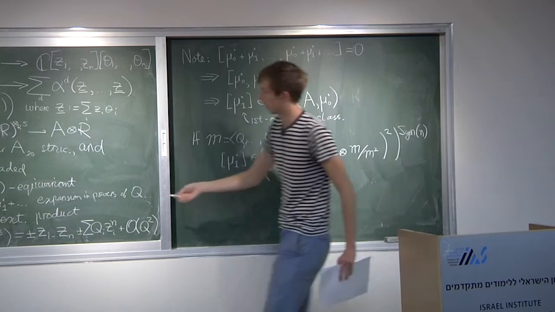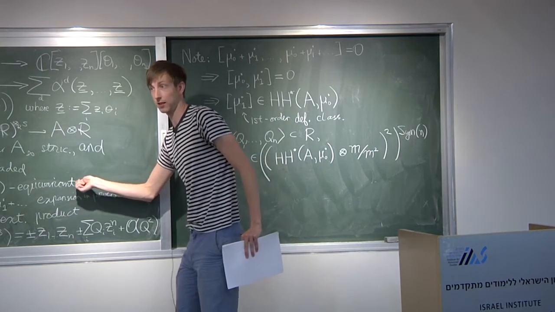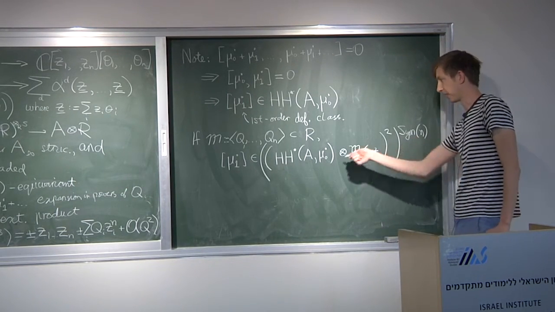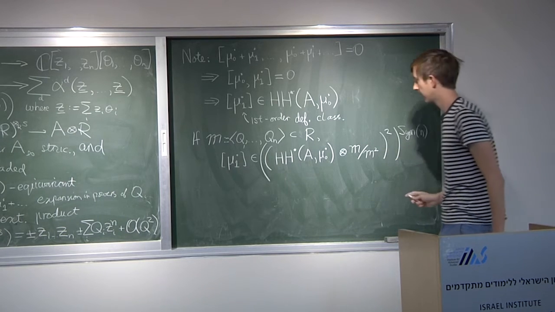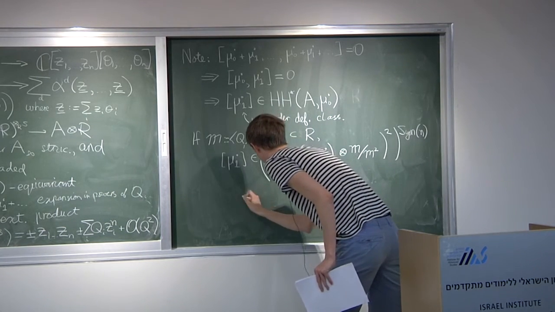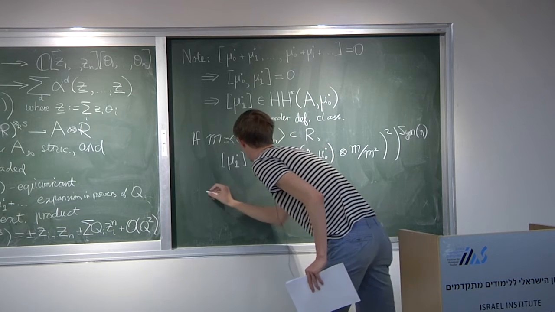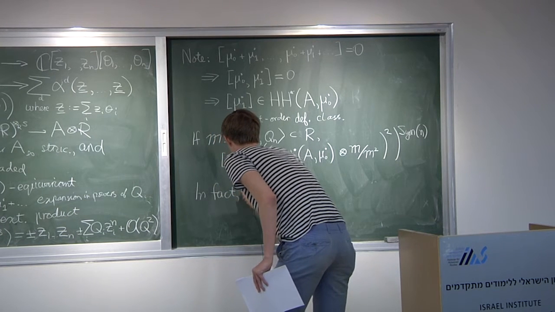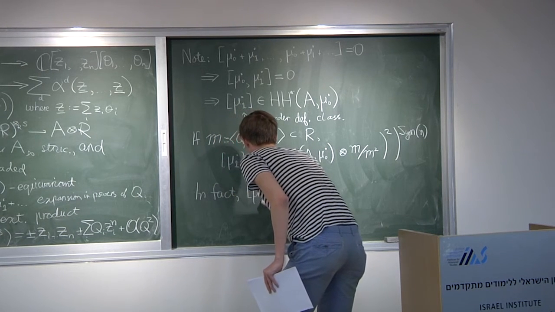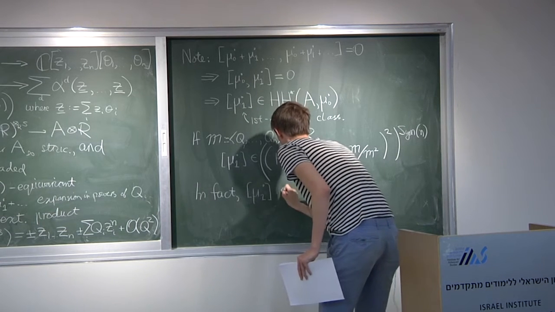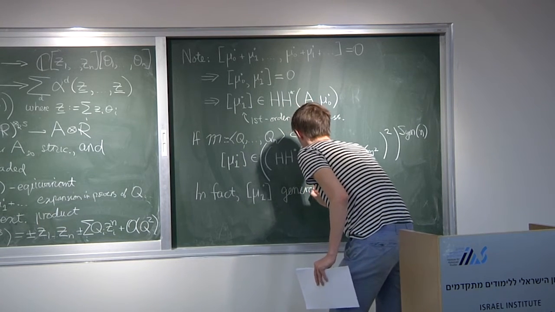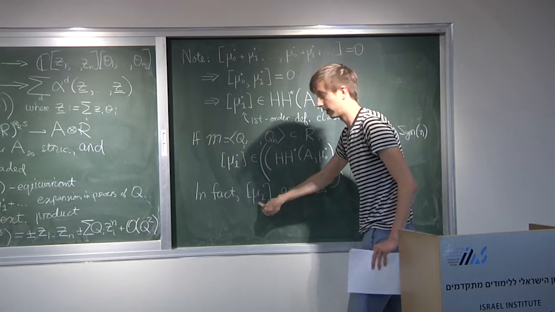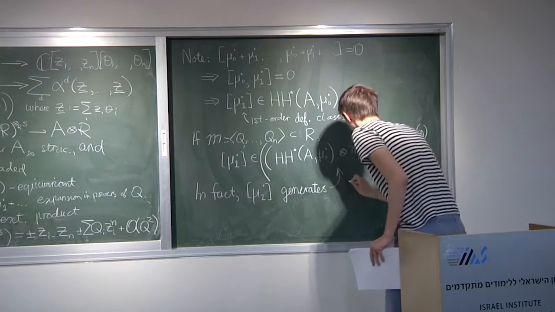Furthermore, we put the assumption that this thing was Sym n equivariant, so this lives in the Sym n equivariant part. And in fact, this class mu 1 generates this thing.